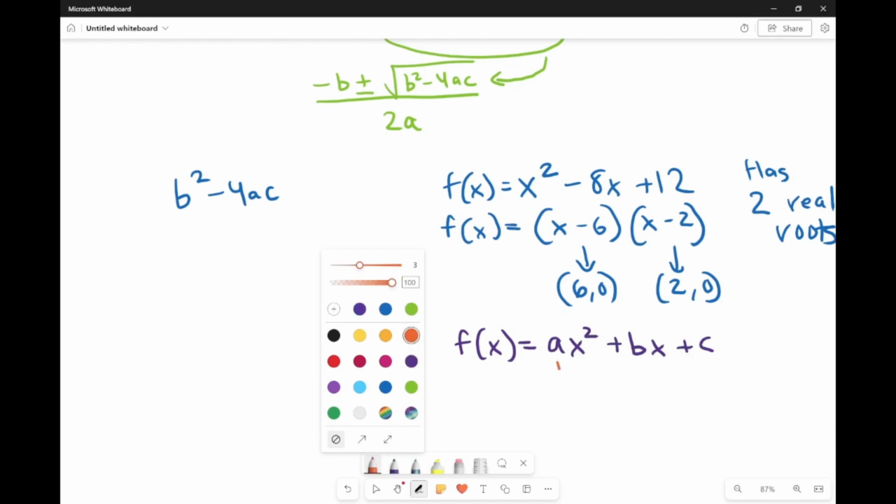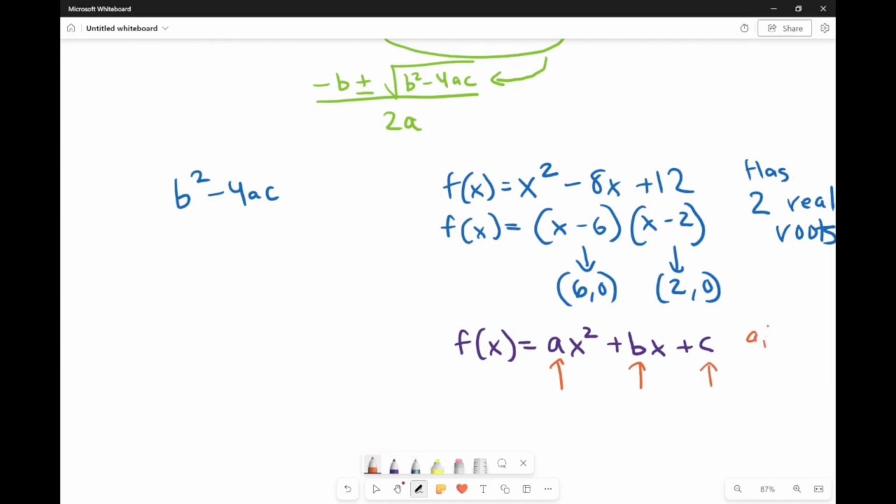And we have 3 variables in front of the x's. Actually, one of them doesn't have an x, but the other 2 do. But you get the point. You have a, b, and c. So when we mention these letters in b squared minus 4ac, we are directly referring to these letters over here, respectively. Hope that makes sense.